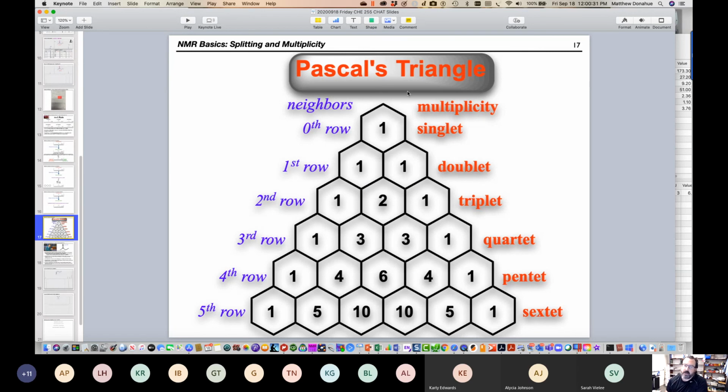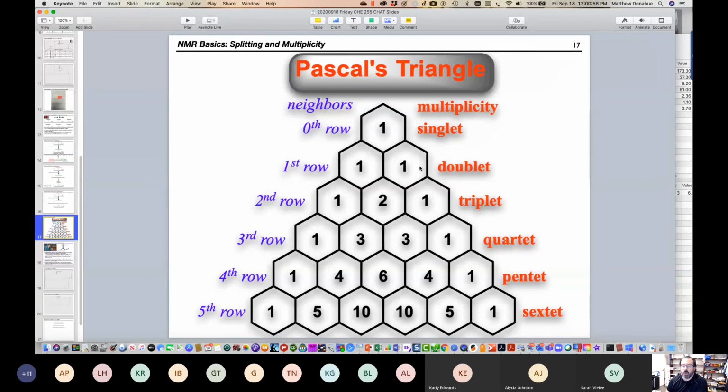So Pascal's triangle is this thing here, where you're starting at 1 at the top, and then as you go down the sides, those are always 1. So in your 0th row, that's 1, that's a singlet. Your first row, that means you have 1 neighbor, that gets you a doublet.